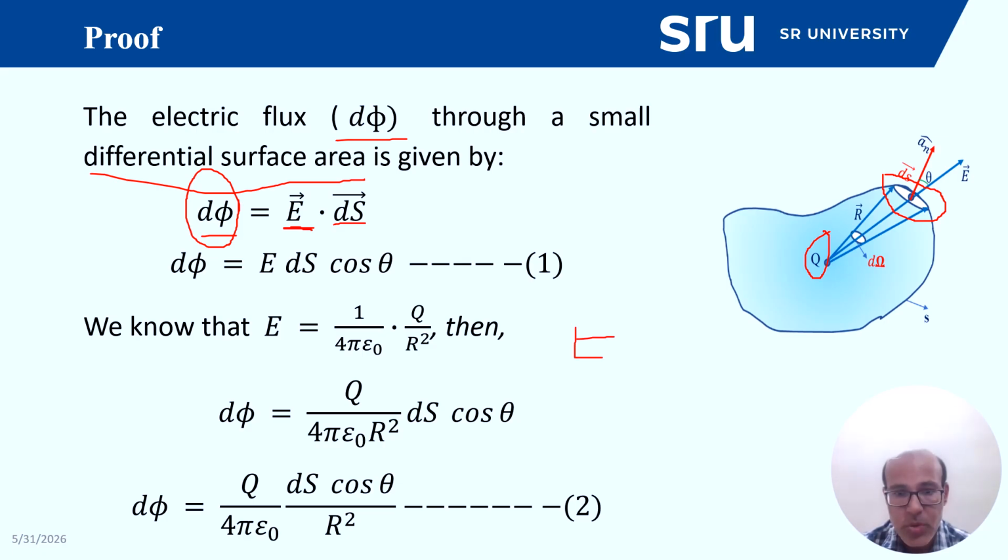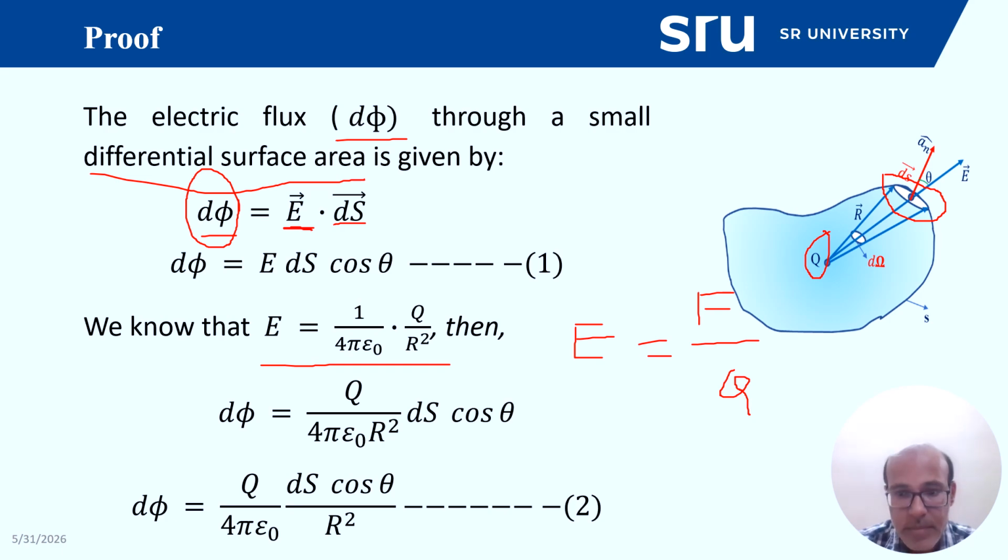E is equal to F by Q, with force from Coulomb's law. Coulomb's law has Q1 Q2 by r square. Two charges will be there, out of which one is a unit positive charge, divided by Q, so one of the charges gets cancelled. What remains is E equal to 1 by 4 pi epsilon naught Q by r square.